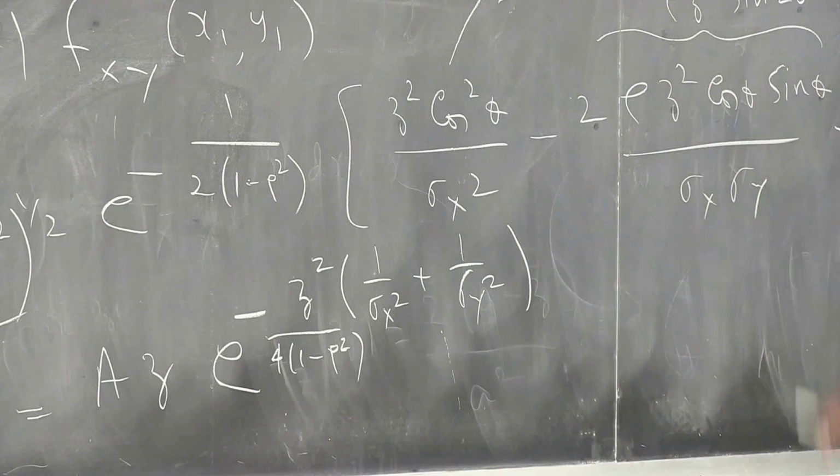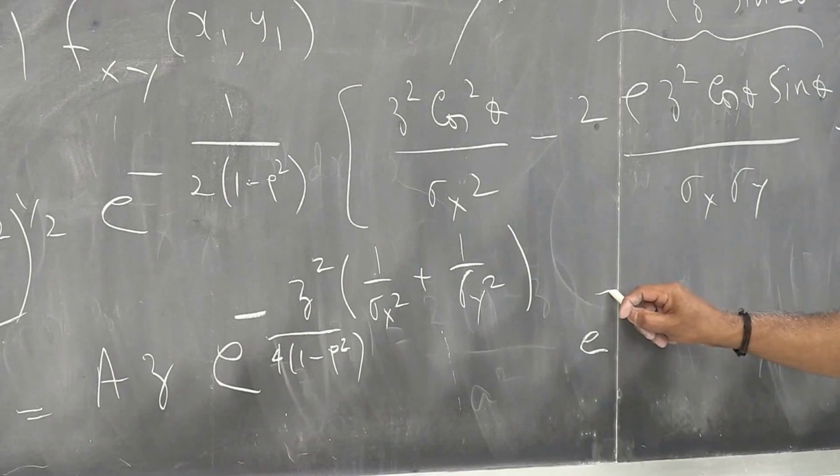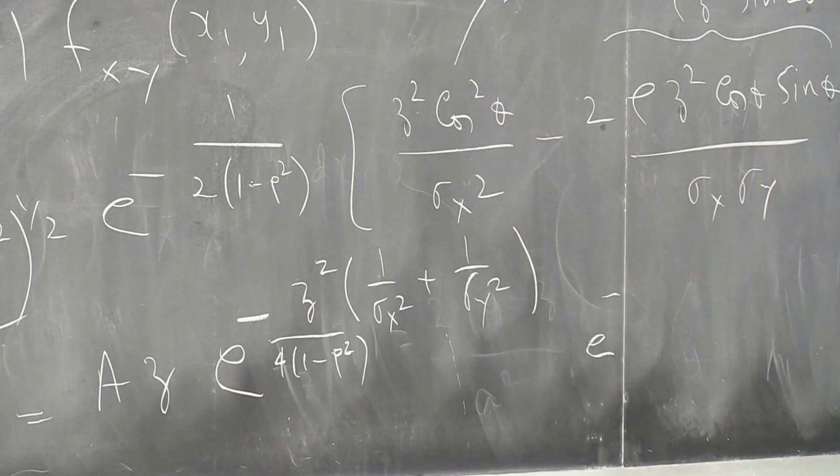The rest of the terms involve cos theta, etc. So this is e raised to minus, z squared is still here.